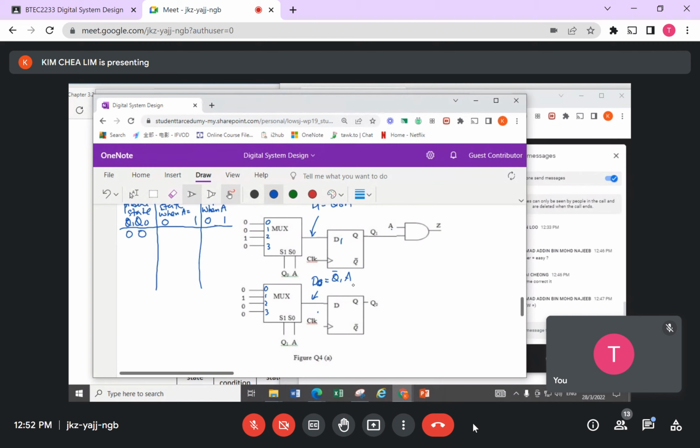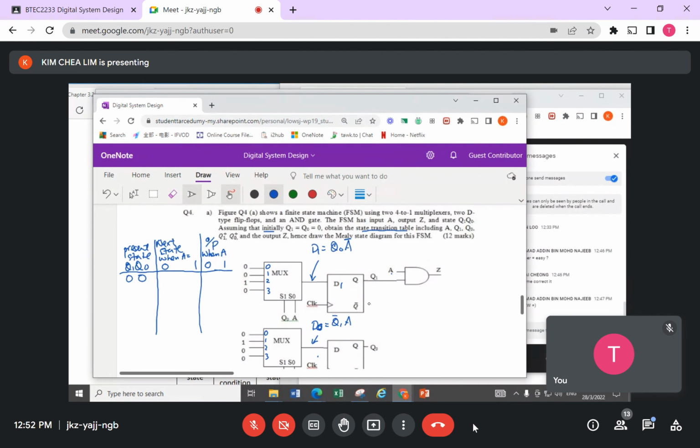D0 is the same as Q1 A. Based on these equations, I will be able to know my next state, because D is the same as Q plus. Q1 plus, and this one here is the same as my Q0 plus. All right, so I put in this.